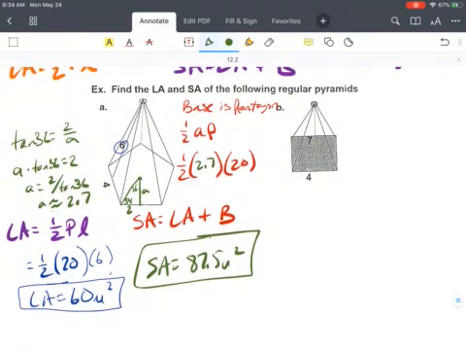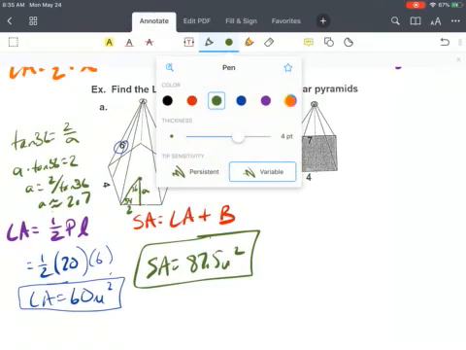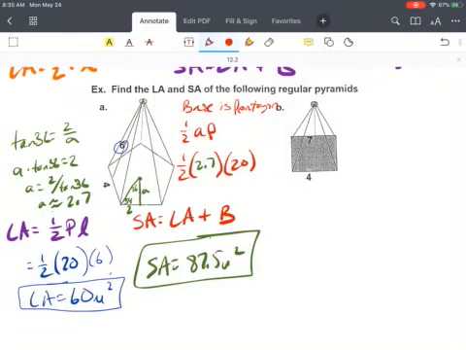For the next one, we have a regular square pyramid. So go ahead and pause it and see if you can get the correct answer here. So again, remember lateral area is half perimeter times slant height.